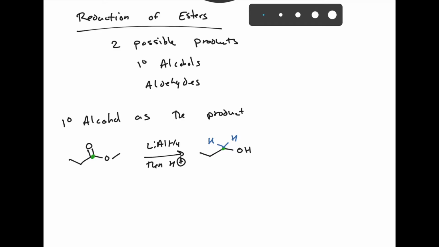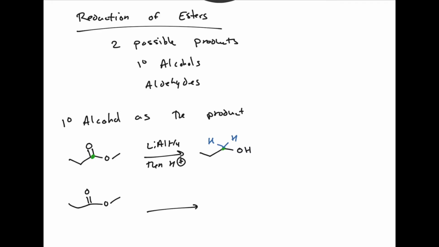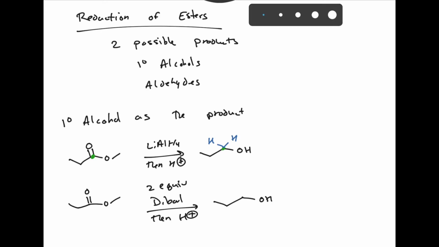The other way that we can do this is if we use 2 equivalents of DIBAL, then H+. Remember that DIBAL only has 1 hydride on it, so I need 2 molecules of DIBAL to reduce 1 molecule of ester.